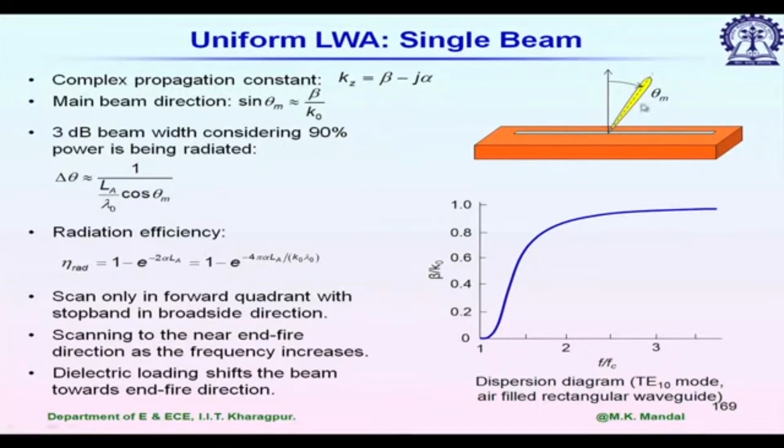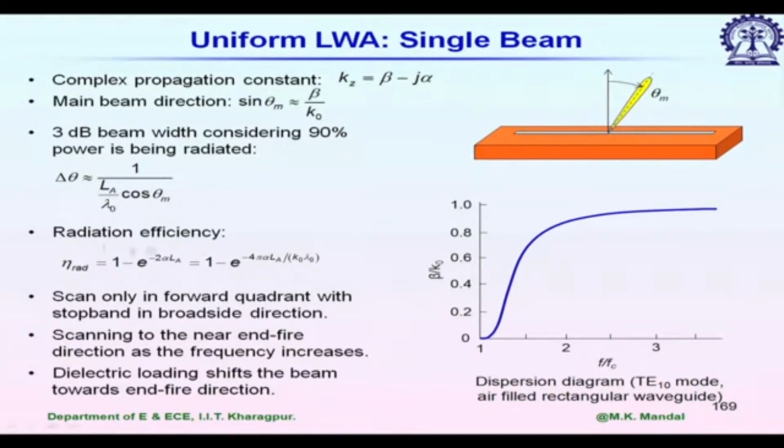And now the beam width of this radiation pattern depends on the leakage rate. Considering, let us say, 90% power is radiated, then the half power beam width delta theta is approximately 1 by L A by lambda naught into cos theta m, where L A represents the total length over which the loss occurs.